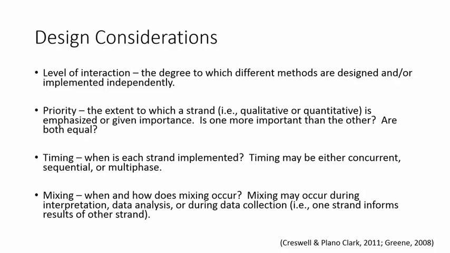Priority. Oftentimes one strand, say a qualitative strand, might be more important than a quantitative strand, or a quantitative strand might be more important than a qualitative strand. So when you're thinking about your study, you want to ask, is one more important than the other, or are they both equal?